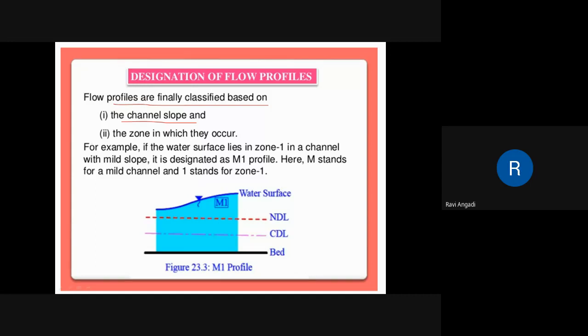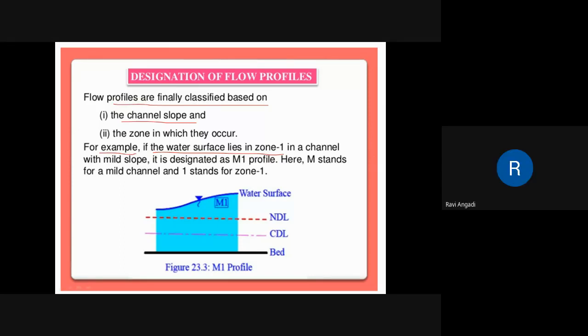For example, try to understand this carefully. Suppose the water surface is lying in zone 1. Zone 1 means above NDL and CDL.